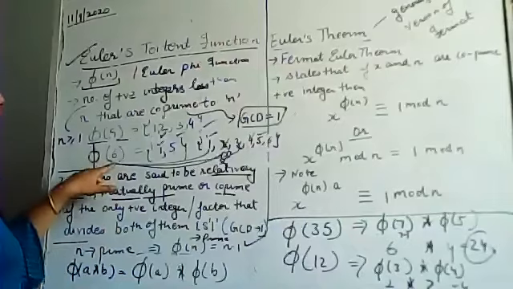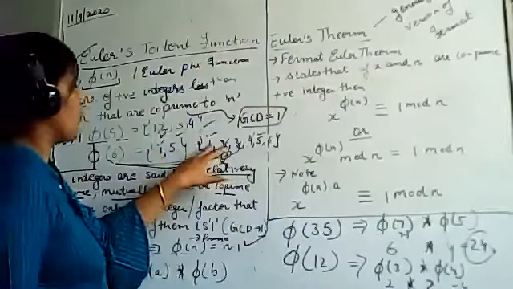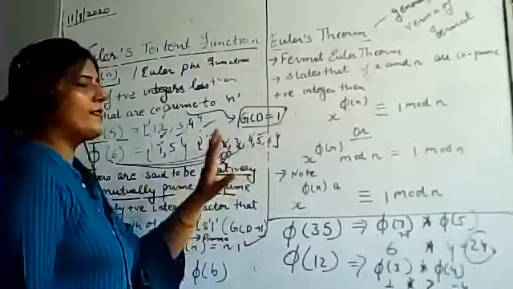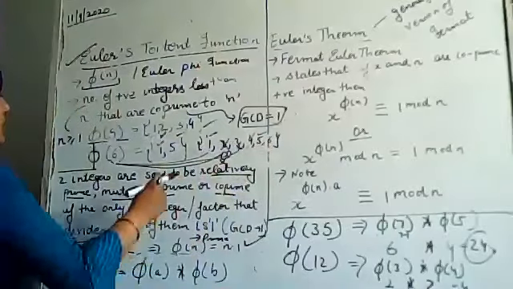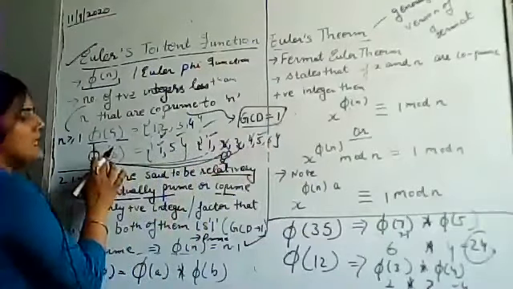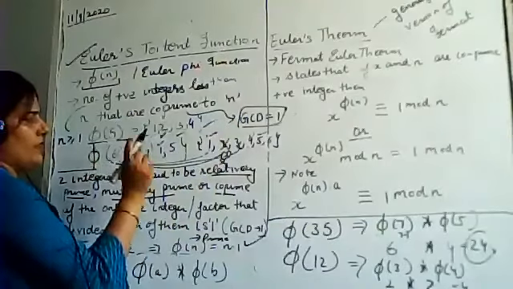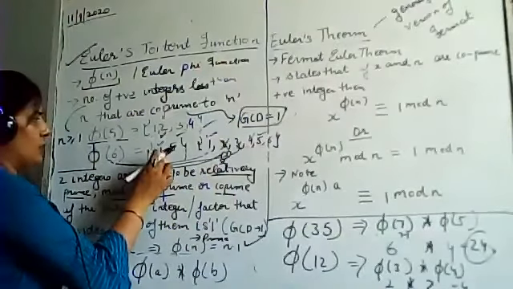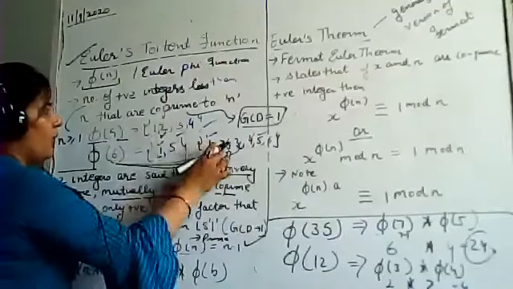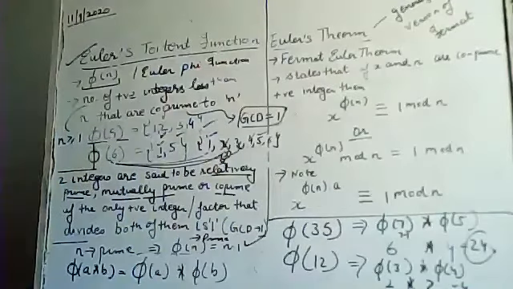Now let's calculate for 6. Suppose we have the values 1, 2, 3, 4, 5, 6. We calculate each value with this number. 1 and 6, that is 1. We have a GCD of 1 here, so I have included this number. With 2, we don't have that: the GCD is 2 over here.